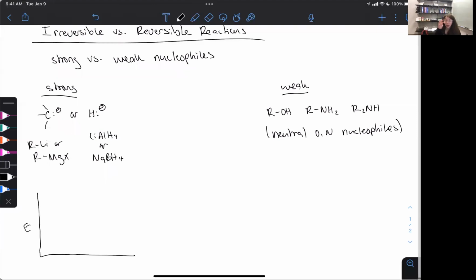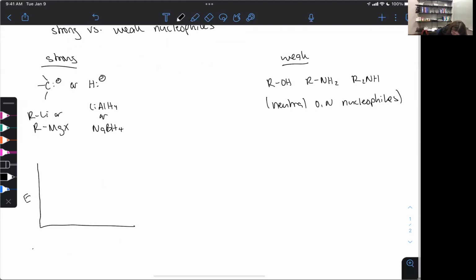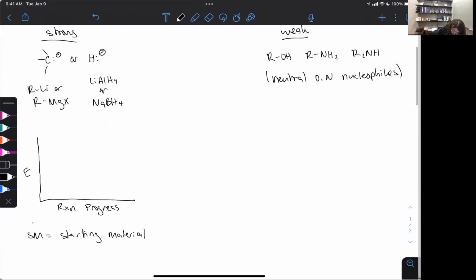If we're looking at the energy of the starting materials, let me label my axes. So our starting material, I'm going to label that as SM. So that's going to be our carbonyl plus our nucleophile.